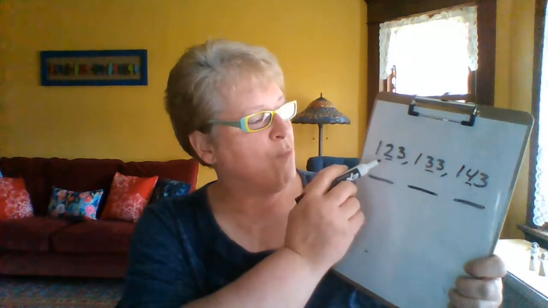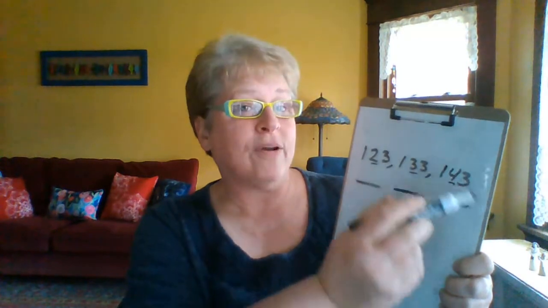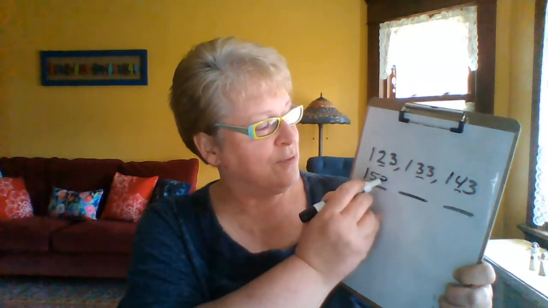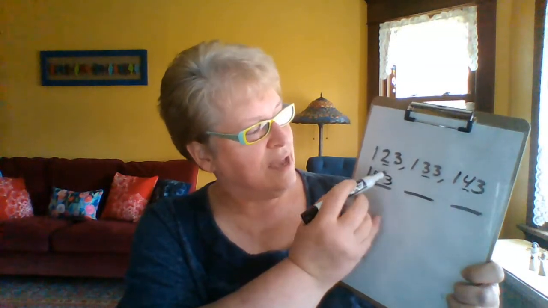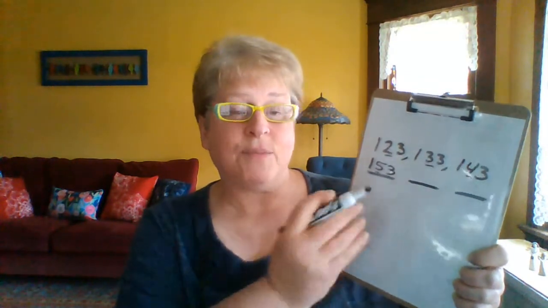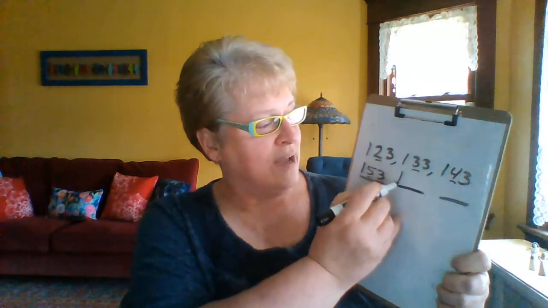So if I have 123, 133, 143, my next number is going to be 153. See how we did that? 2, 3, 4, 5 in the tens column. We're adding a 10 each time. So my next number, what's the constant? 100.